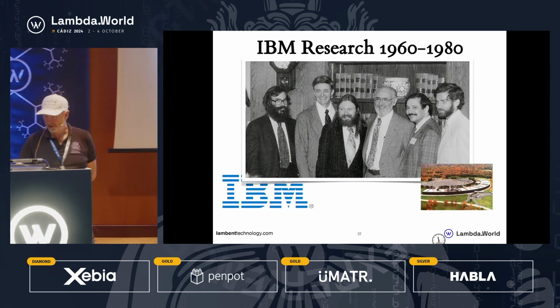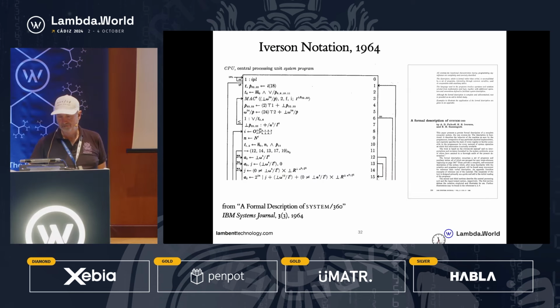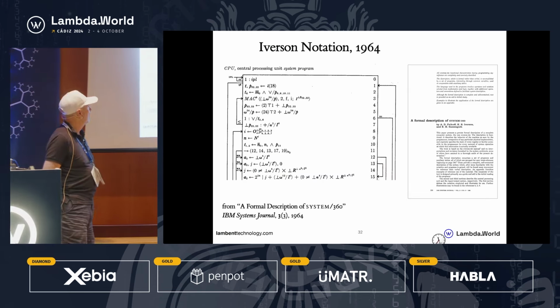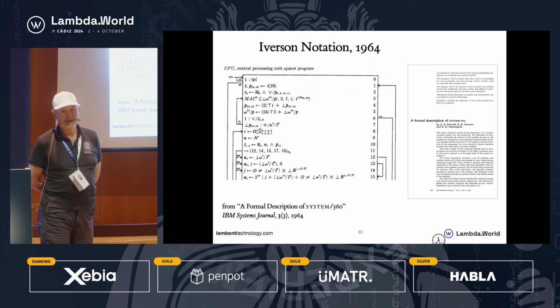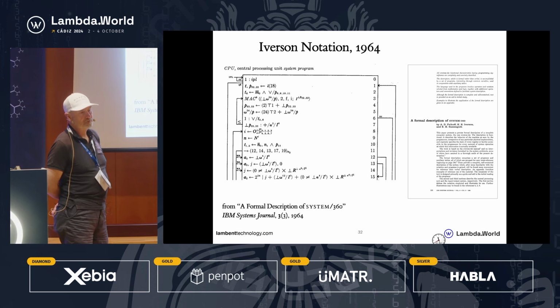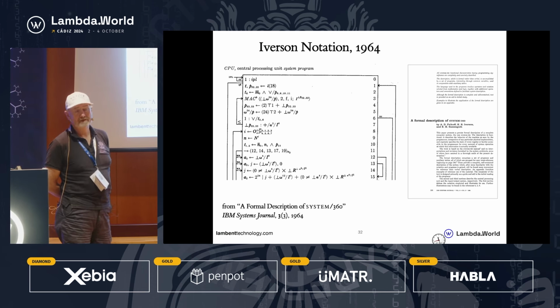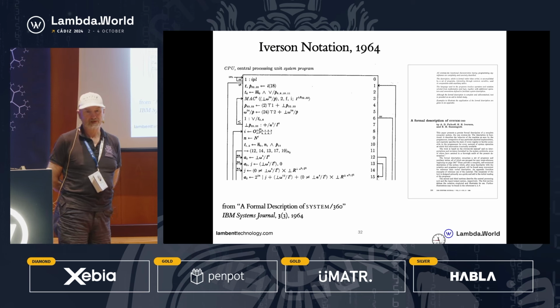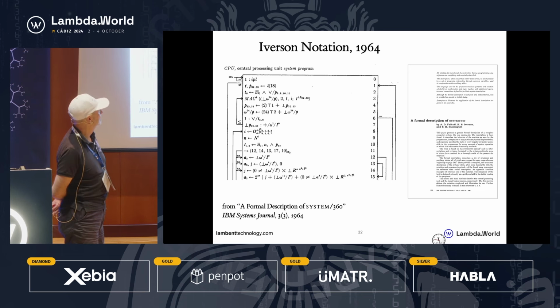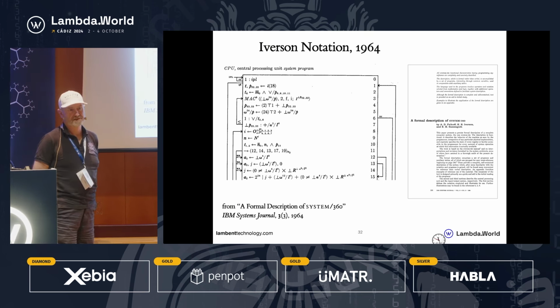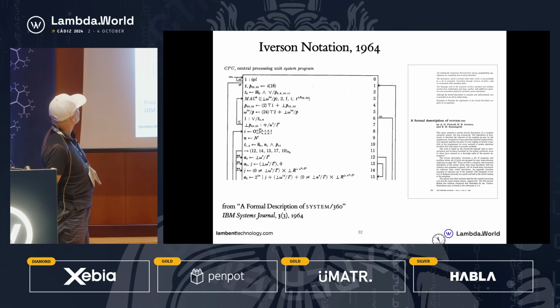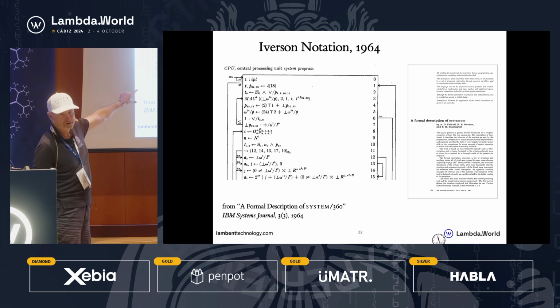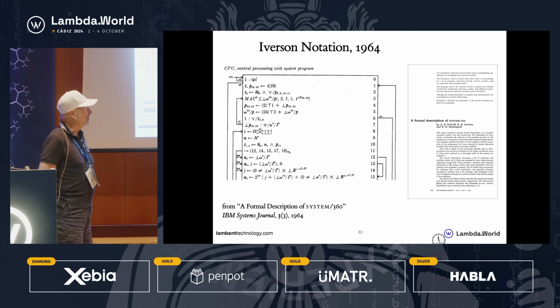What did the notation look like at that point? Here's Iverson notation in 1964. It was used in the very first formal description of a computer operating system, the System 360, which was IBM's big new range of computers at the time. And for the very first time, you got a theoretical and a formal model of how the internal processes worked.